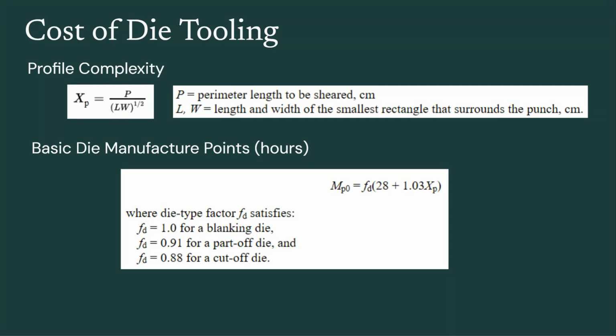A blanking die, you just multiply it by 1. For a part-off die, you can multiply it by 0.91. And for a cutoff die, it's 0.88. So the time to produce those die tooling goes down with those types of manufacturing methods.